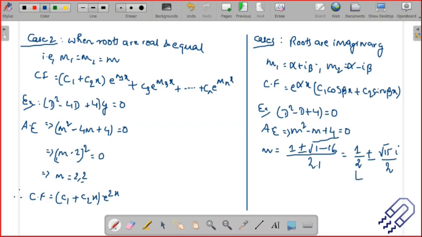In that way I can say that this is my alpha and this is my beta. So I've solved it, I've got the roots of the equation, and then I can just write it down, e to the power alpha.